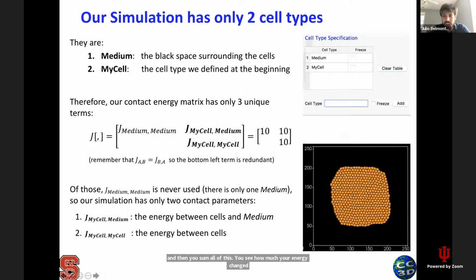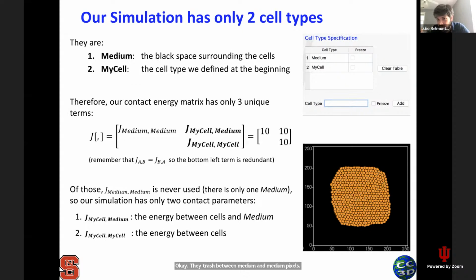So in our simulations, we only have two cell types. The first cell type is the medium, the black space around the cells, and the other cell type is the cells. So our matrix of contact interactions only has three values: the interaction between medium and medium pixels, between cells and medium pixels, and between cell and cell pixels. This energy only applies to objects that are of different type.